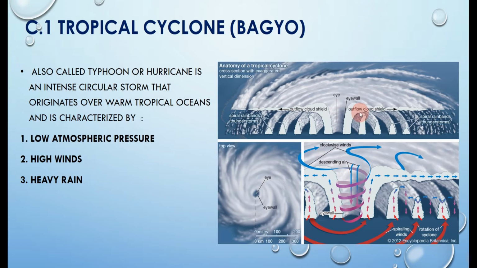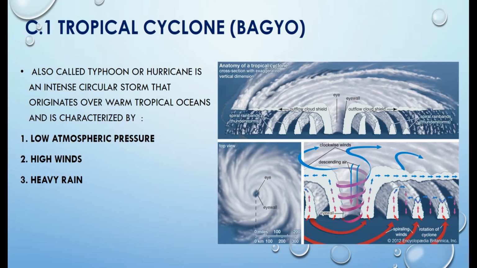So first, we have the tropical cyclone, what we call bagyo, also called a typhoon or hurricane, an intense circular storm that originates over warm tropical oceans, and it's characterized by low atmospheric pressure, high winds, and heavy rains. So, a tropical cyclone undergoes a constant metamorphosis from birth to maturity to decay.